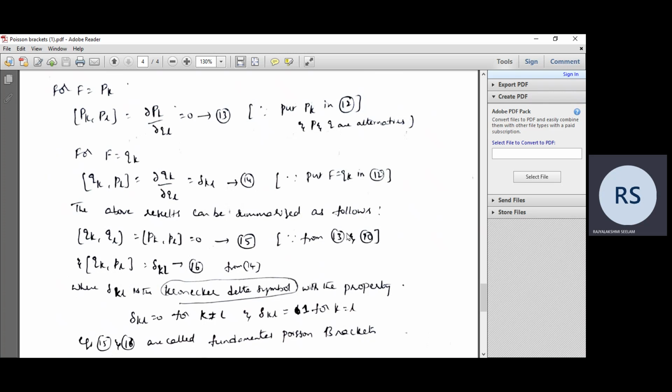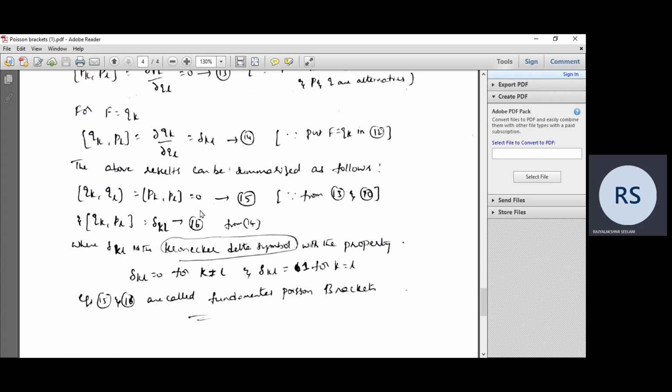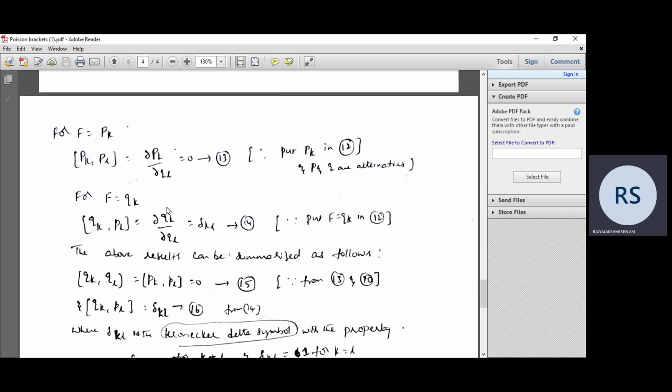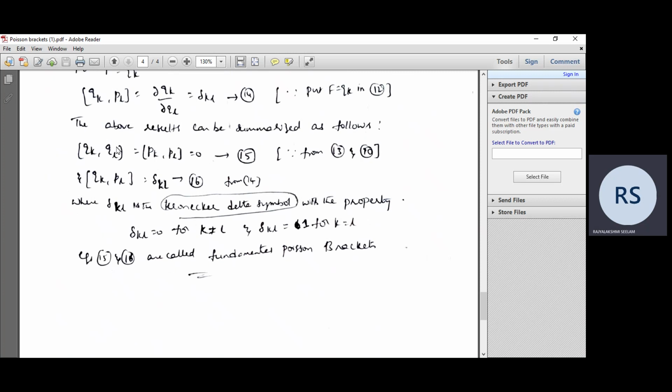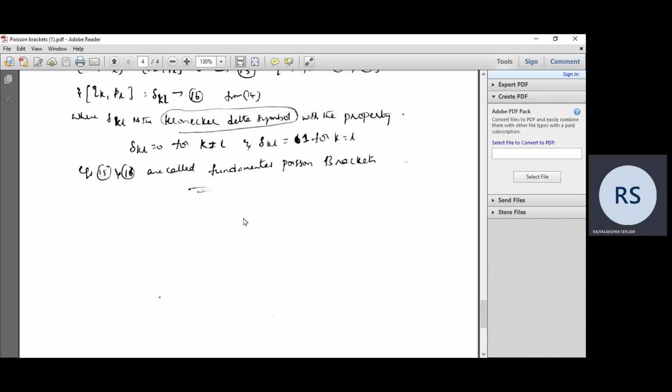These are from equations 13, 10 and 14. Here {qk, ql} equals {pk, pl} equals 0, where delta kl is the Kronecker delta symbol with the property delta kl equals 0 for k not equal to l, and delta kl equals 1 for k equals l. So equations 15 and 16 are called fundamental Poisson brackets.